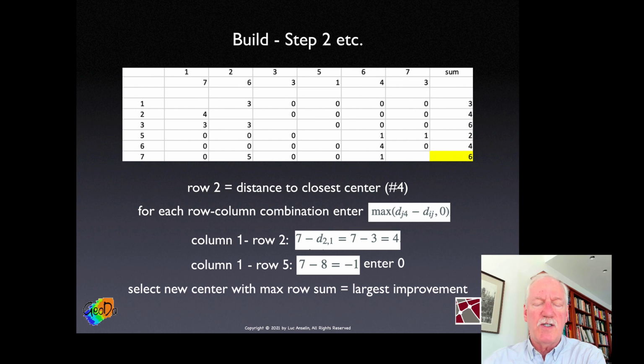So to make this concrete, in the second row are the distances from each of these points. These are the remaining points, 6 remaining points, to the current first center, the current closest center. In general, later on, these may not be the same centers, but they will be the distances to the closest center.